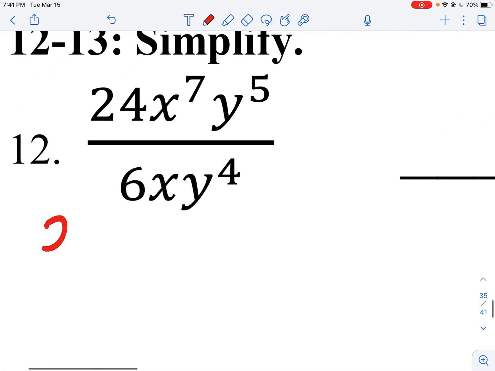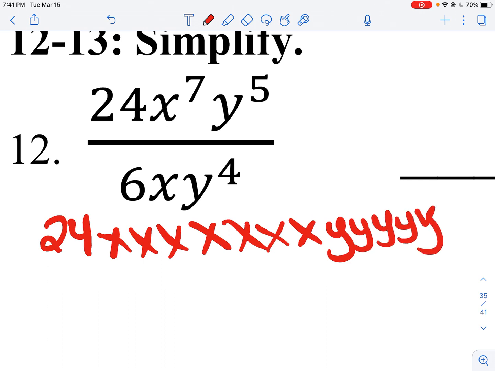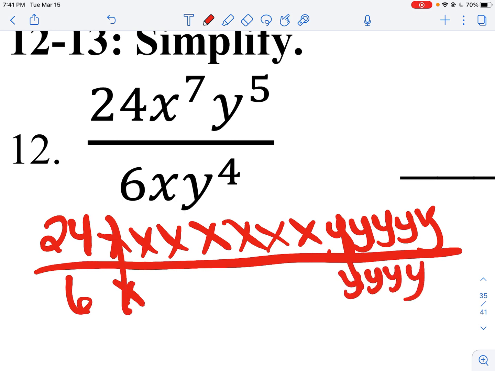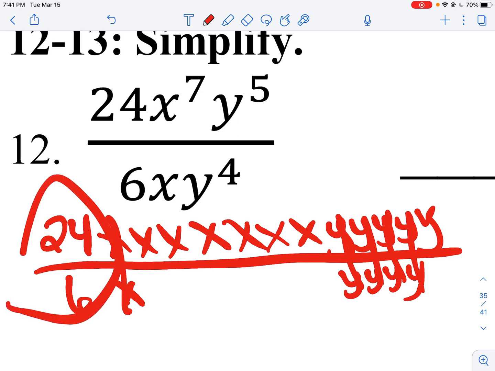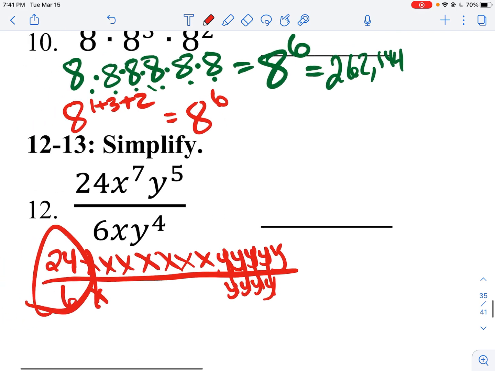This one, 24 x to the 7th y to the 5th, all over 6 x y to the 4th. Cancels here. These two right here change to a 4.